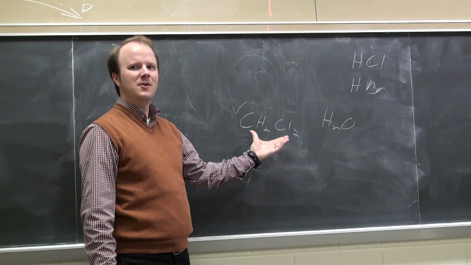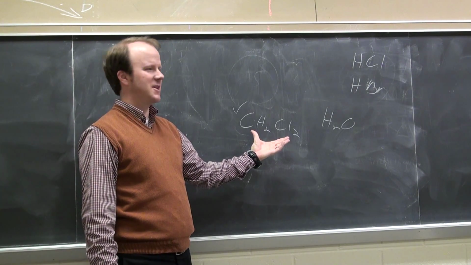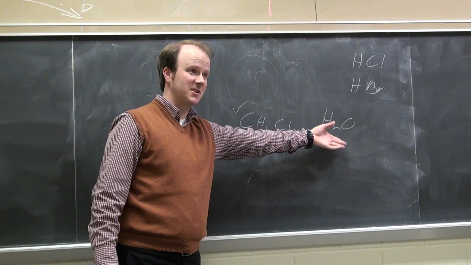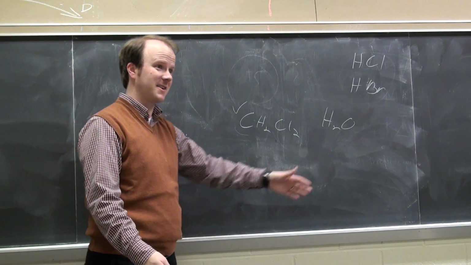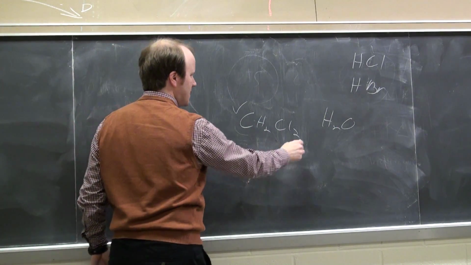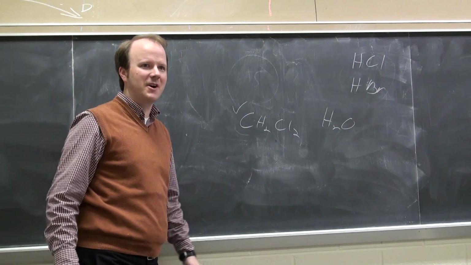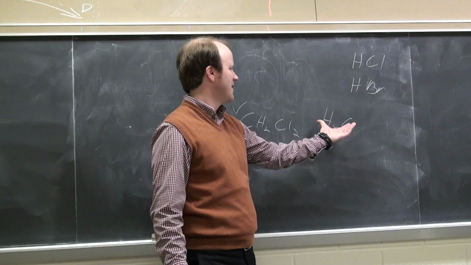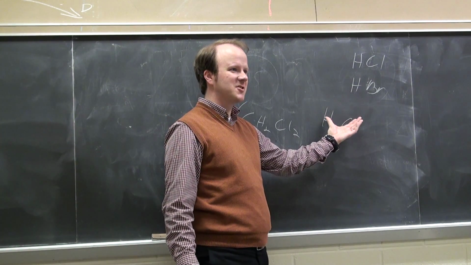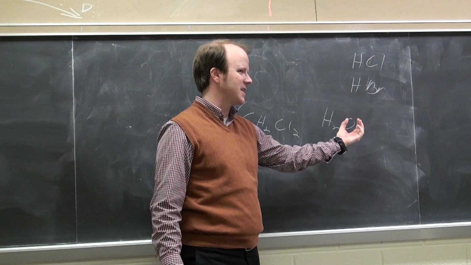Weaker intermolecular interactions, because water is special. It's got hydrogen bonding, right? And so this one, I don't know which molecule is more or less polarizable. I can only tell you that water has very strong hydrogen bonds that lead to strong intermolecular interactions.